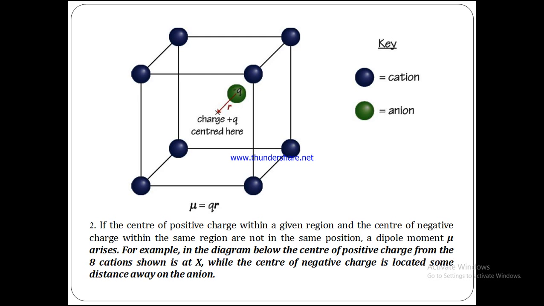That is why the moment of charge in that dielectric material creates the small distance r, where one positive charge and one negative charge are present with some distance maintained between them.